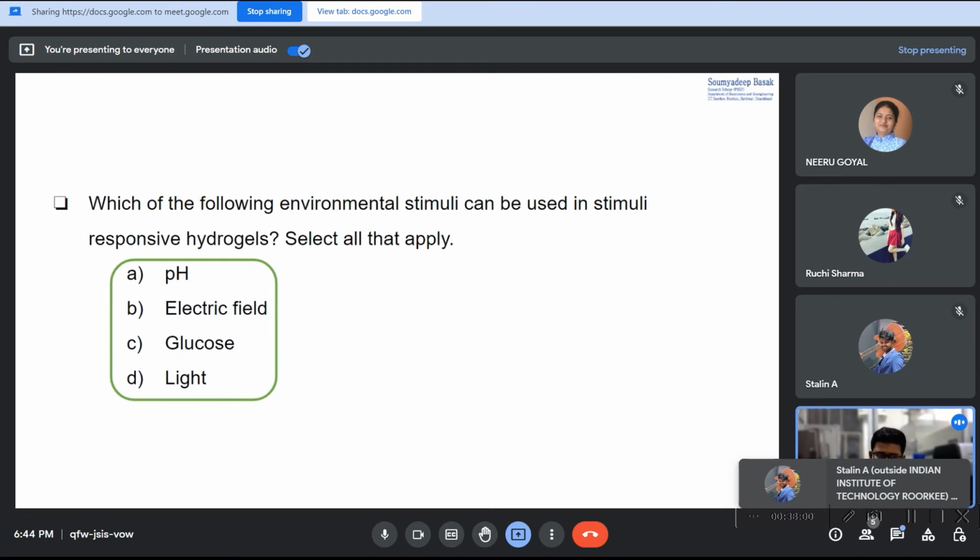Right? And another option would be the magnetic field. We talked about magnet responsive hydrogels. Right? With the help of an external magnet, the hydrogel's porosity changes.